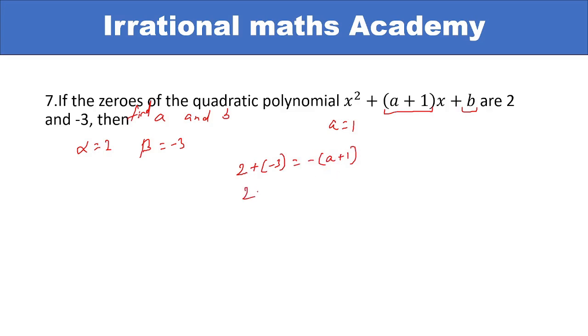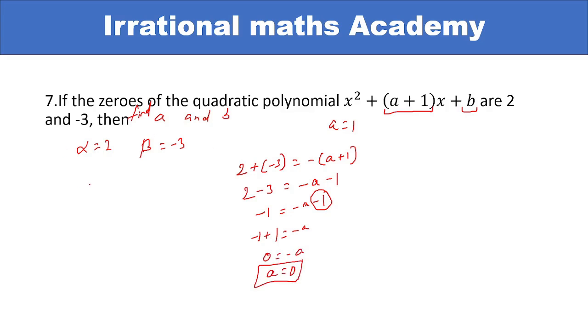So 2 minus 3 equal to minus A minus 1. If I transpose this minus 1 to this side, it becomes plus 1. So minus A equals 0. If you multiply both sides with minus, you'll get A value equal to 0. Now I got the A value.